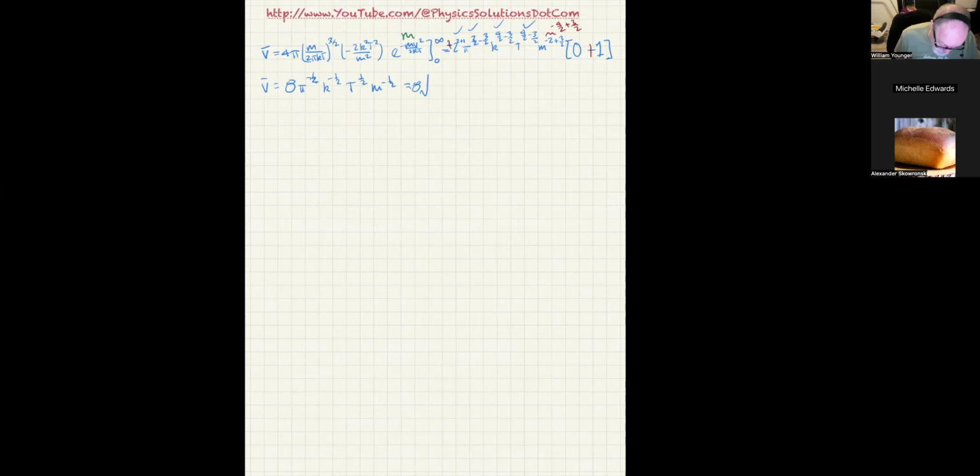And that's basically it. So I can say the velocity is, and I think this 8 is an error. I don't know where the 4 went or came from, but anyways, I got this times kt. T is in the top, m is in the bottom.